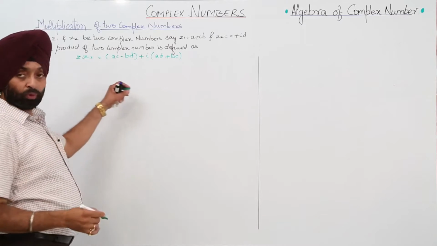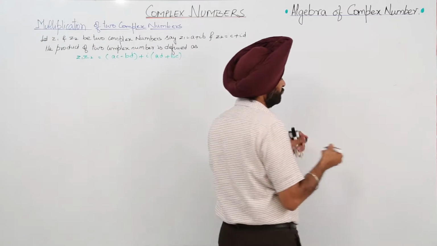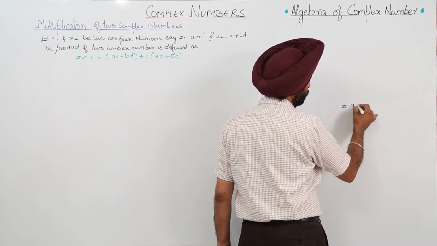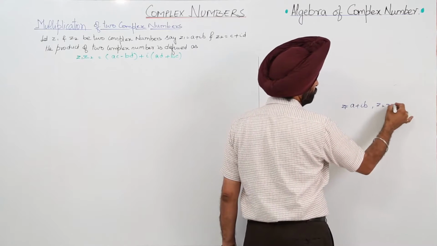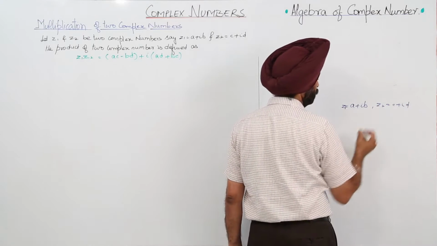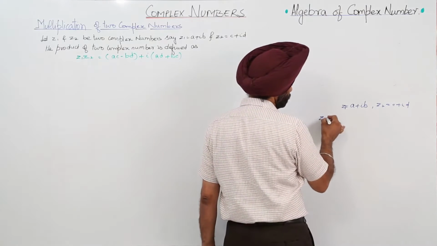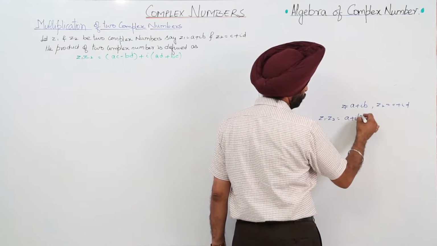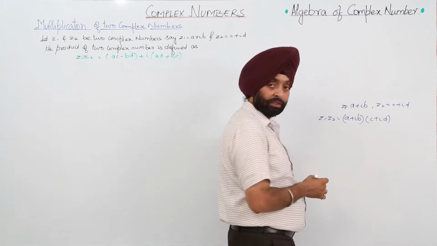Now, before proceeding, let me show you something. Now we are having Z1 is equal to A plus iota B and Z2 is equal to C plus iota D. When we are multiplying these two, Z1 dot Z2 is equal to A plus iota B with C plus iota D. Is it clear?